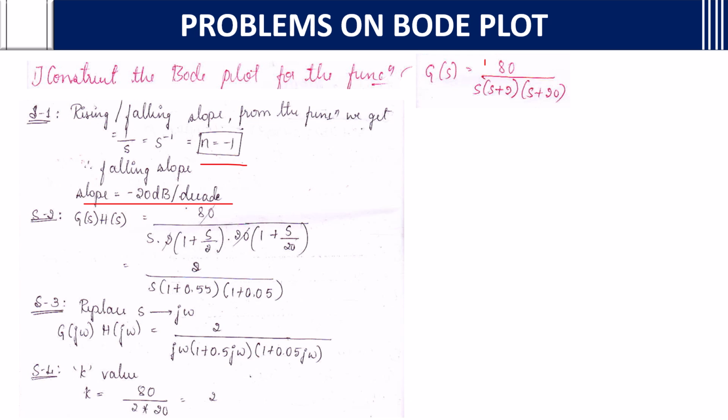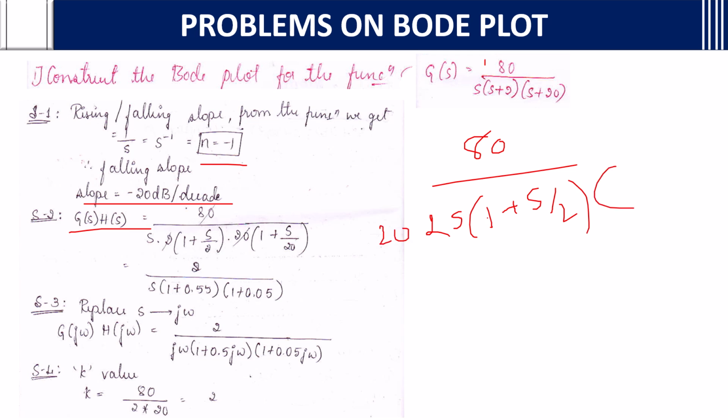Then G of s into H of s, the equation given is 80 by s into s plus 2 into s plus 20. We need to write it in the form of time constant, that is 1 plus sT. To get that, 80 by s into, if you take 2 common, you get 1 plus s by 2, then 20 common, you get 1 plus s by 20.